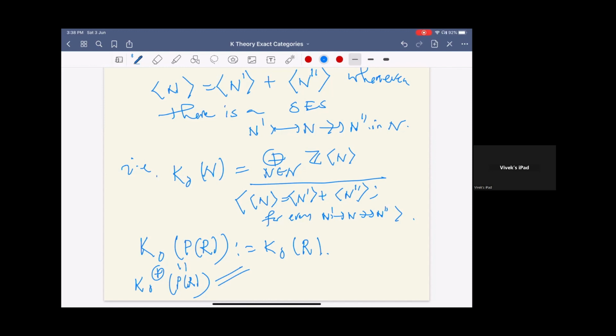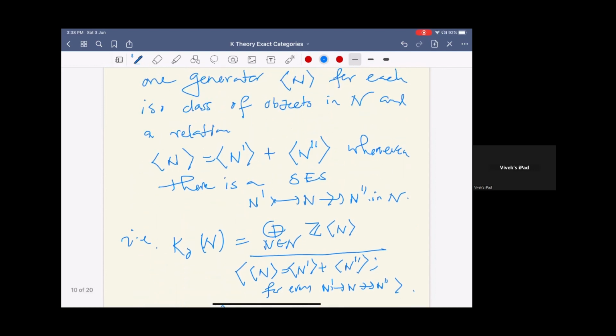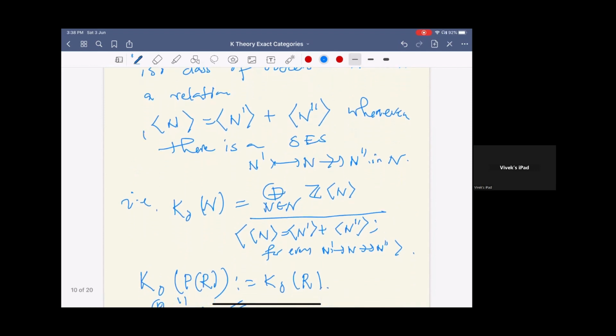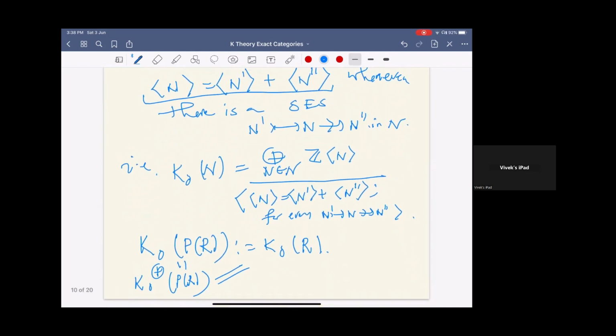Why? Because in PR, every short exact sequence splits. This kind of relation is actually automatic in the category PR. Every short exact sequence vanishes, so taking a group completion or modding out by this relation doesn't matter. So these two things coincide.